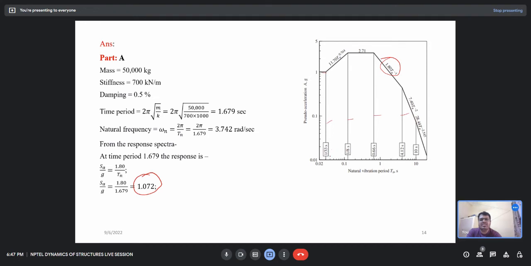If my period increases from 1 by 33 to 1 by 8, say 0.25 or 0.15, whatever that is, the value is 11.7 times Tn raised to the power 0.704. If my time period is in the range of 1 by 8 to 0.412, it is constant. If my time period is in the range of 0.662 to 4, the value is directly given by Sa by g equals 1.8 divided by Tn. Simple.